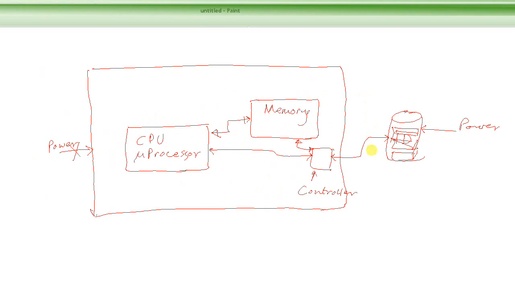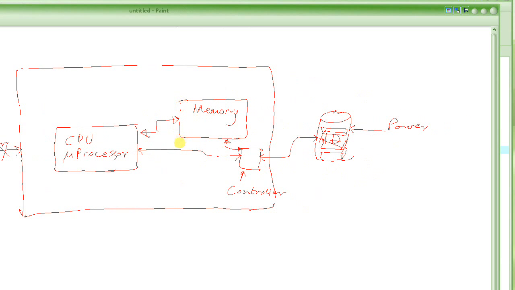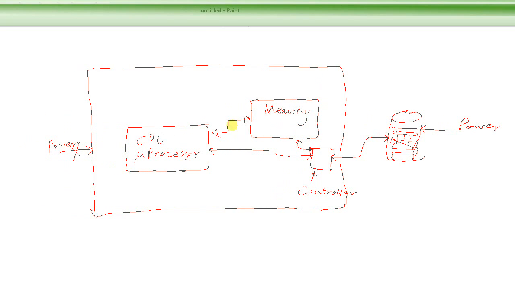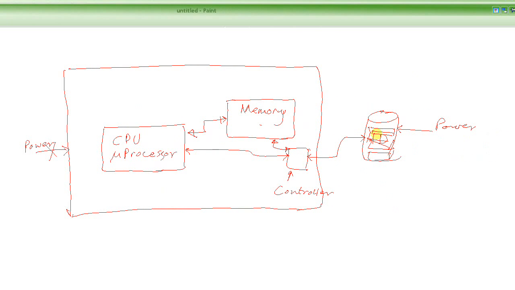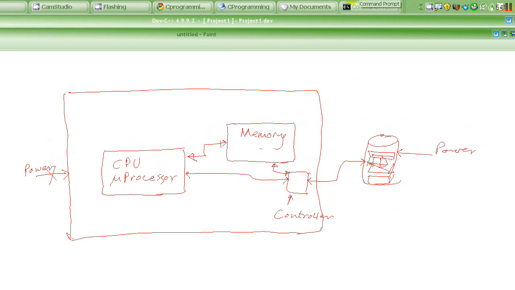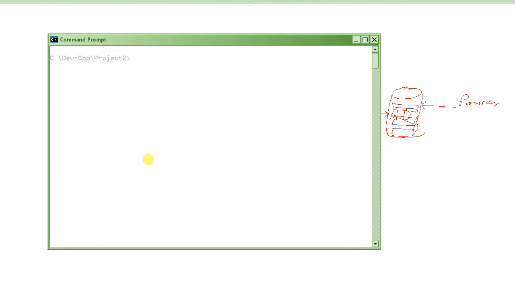The reason for talking about all this is that the memory is not enough because it's volatile, and as soon as the power goes down, the memory is gone. We need something to store this data and program permanently. Okay, and if you go to your command prompt, you can see the entire directory structure.